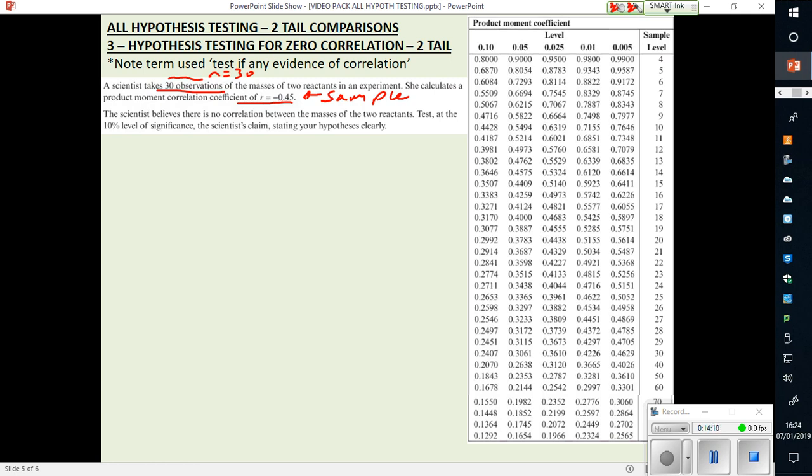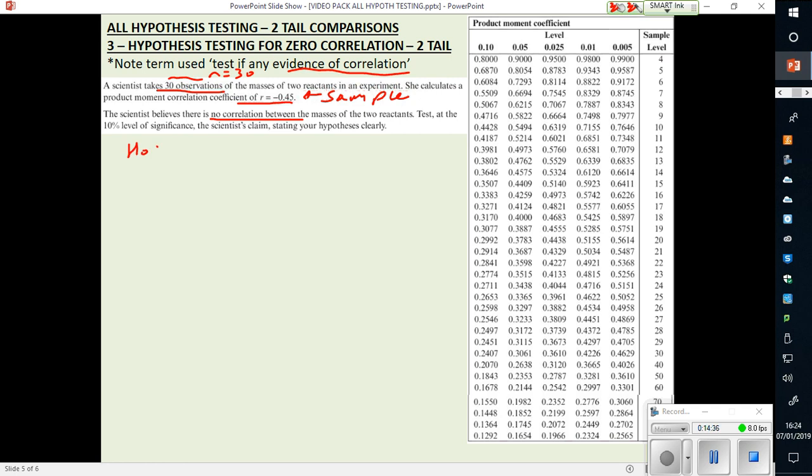Do you see? It says the scientist believes there is no correlation between the masses of the two reactants. So terms like test whether there is correlation, or test if there's any evidence of correlation, as I've written up here, or test that there is linear correlation, mean a two-tailed test, because it hasn't gone either way. It hasn't said it's positive or negative.